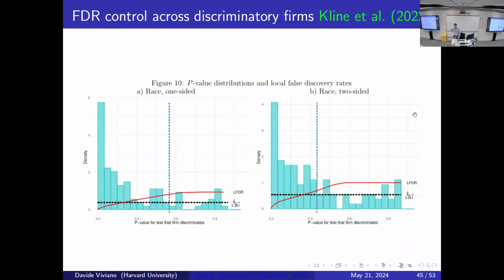If you calculate a posterior distribution of the magnitude of discrimination at a firm, the posterior distribution is going to depend on your estimate, and I don't think the p-value is a sufficient statistic for that. Yes, on this I agree. Their argument is that the reason they're using Q values is that there is a tight connection to false discovery rate control.